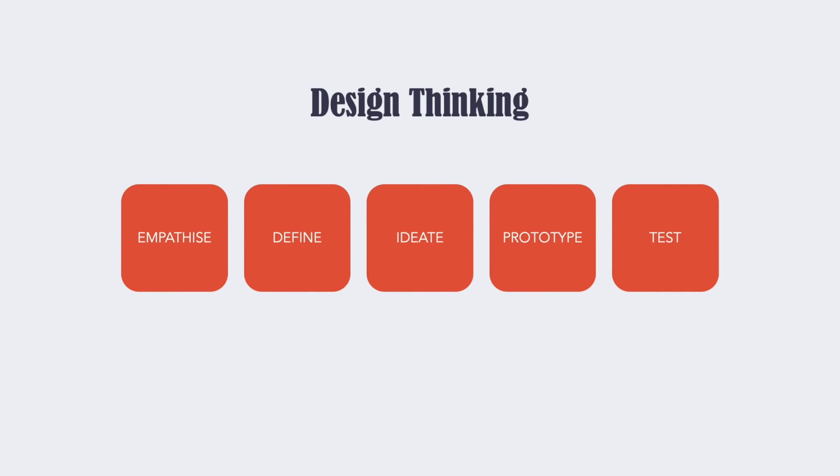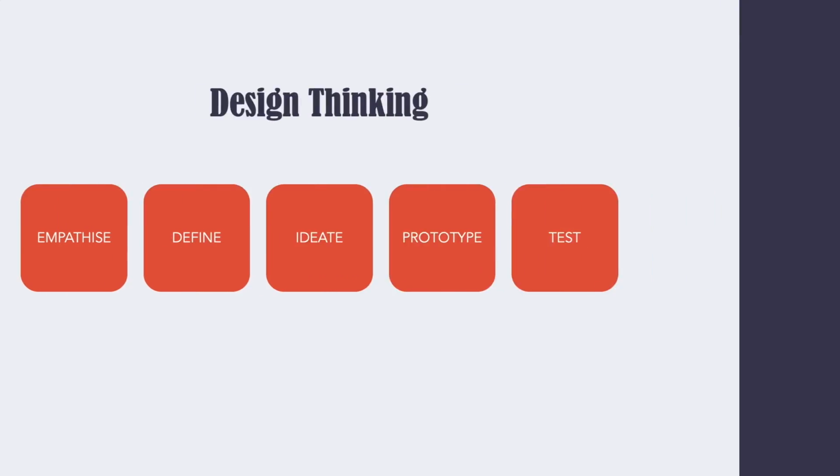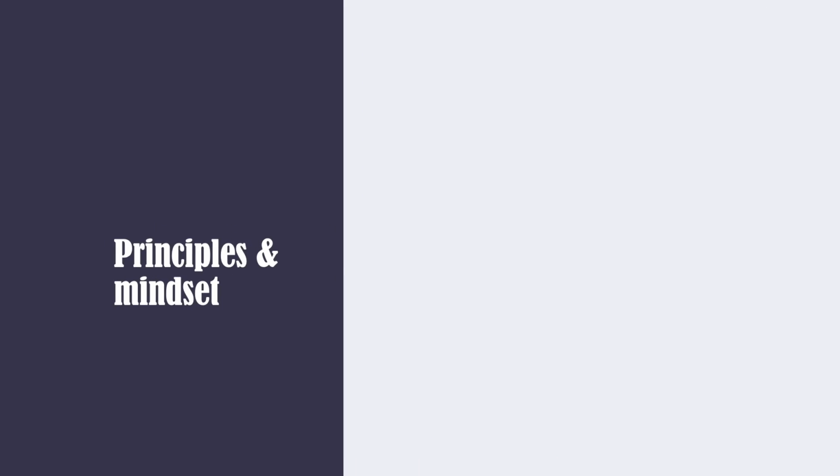So these are the 5 steps of design thinking: empathize, define, ideate, prototype, and test. Let's look at the principles and mindsets behind design thinking. And we've seen most of them throughout the past few minutes. It starts with empathy, a deep human focus to gain insights into people's lives, needs, goals, pain points.